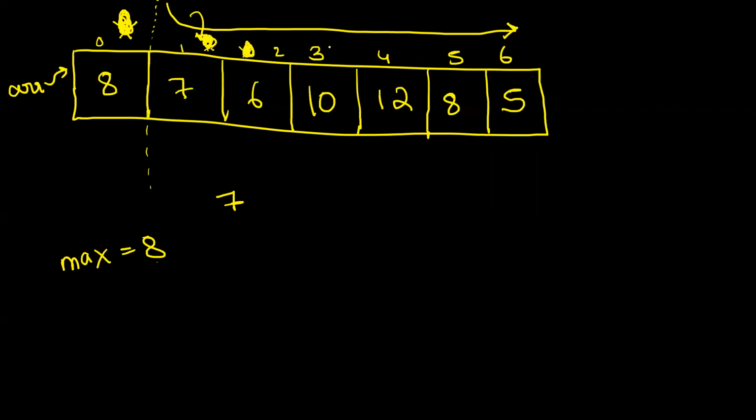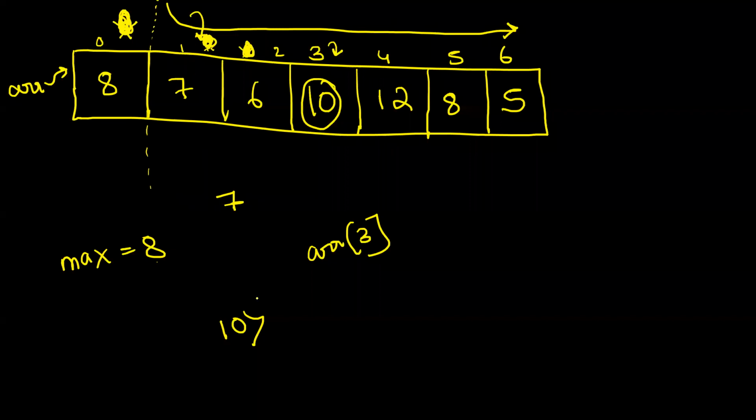Move forward. I come to index number 3. What is the element here? 10. Okay. Now, when I am at index number 3, ARR of 3 is nothing but 10. That is, I am dealing with the number 10. And I see that 10 is greater than 8, which is the maximum element that I have seen so far. The maximum number till now was 8, but this 10 is even bigger than 8.